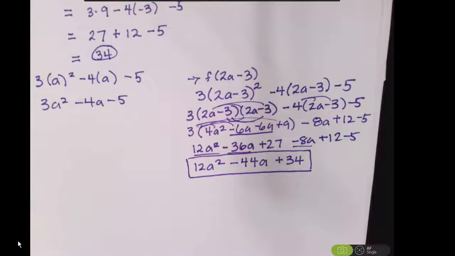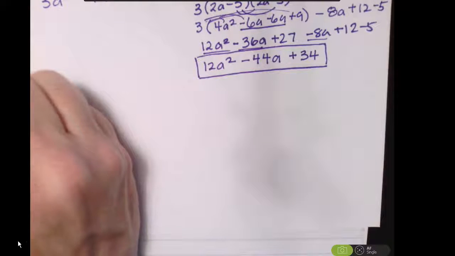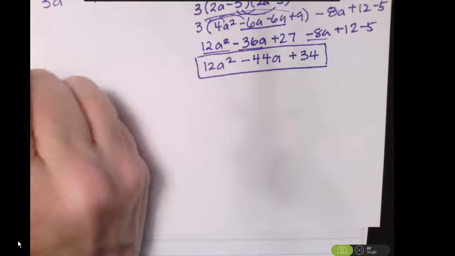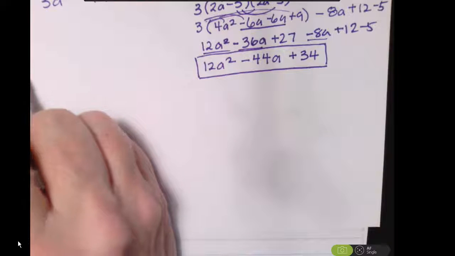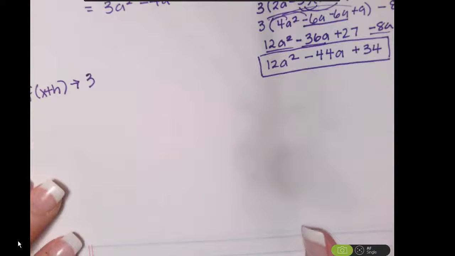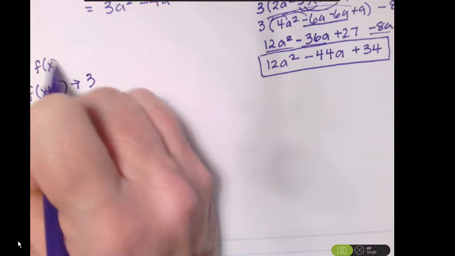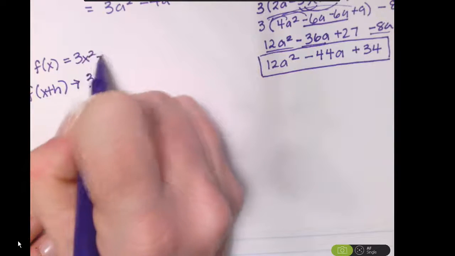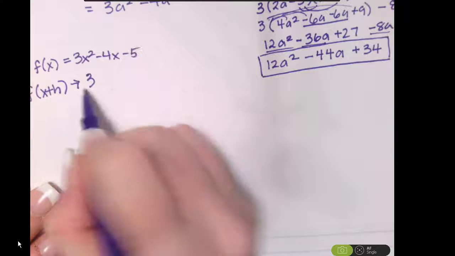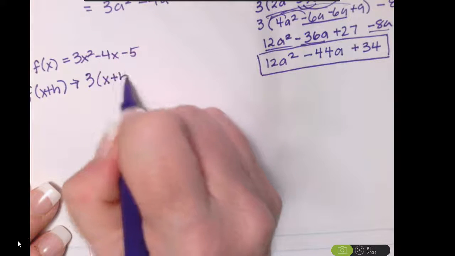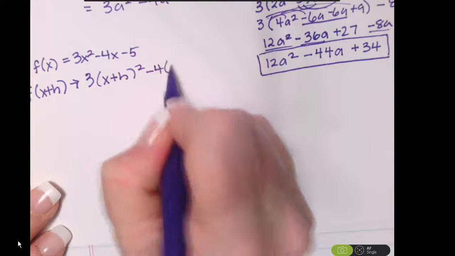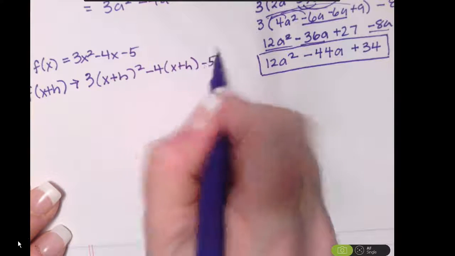So next I'd like to substitute an expression that contains two variables. So I'm going to substitute and do f of x plus h. So let me just write the original function here. F of x equals 3x squared minus 4x minus 5. So now I'm putting in 3 times x plus h squared minus 4 times x plus h minus 5.